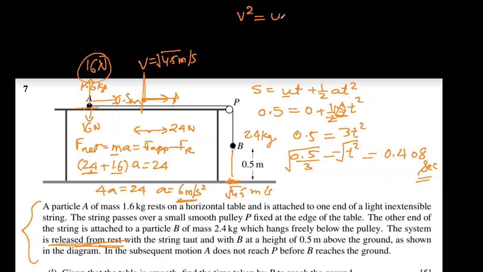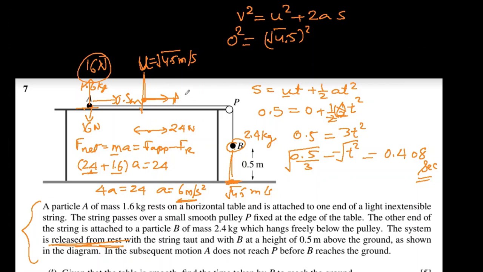V square equal to U square plus 2AS again. Now, in this situation, this will become U because we are taking the incident after B touches the ground and there is no more forward force now. So U is square root 4.5 and we have to square it. V we know is 0, it goes and stops.